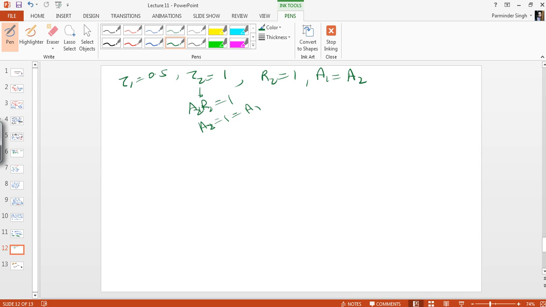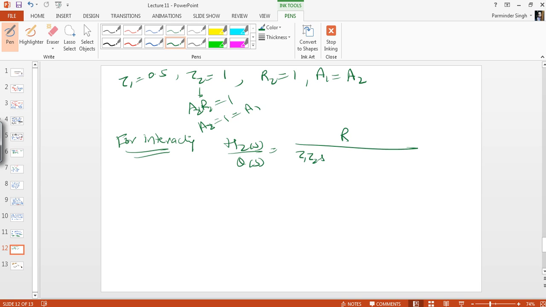Now for interacting systems we have H2S by QS, which was R2 upon tau 1 tau 2 S square plus tau 1 tau 2 plus A1 R2 S plus 1. Now substitute the values and we have 1 over 0.1 S square plus 1.1 S plus 1. Clear? That is H2S by QS.